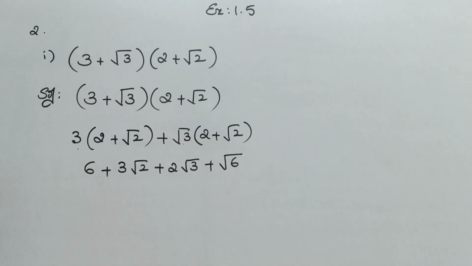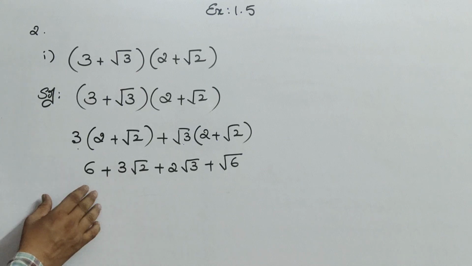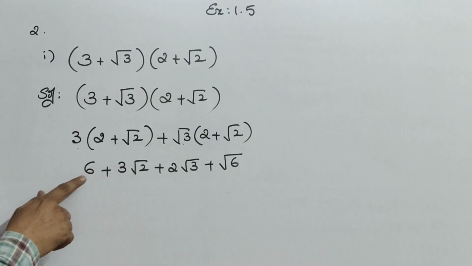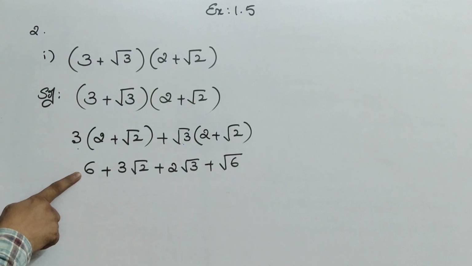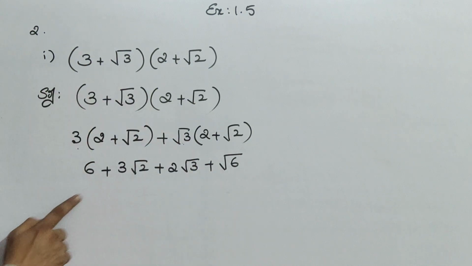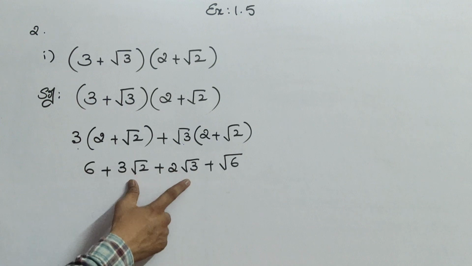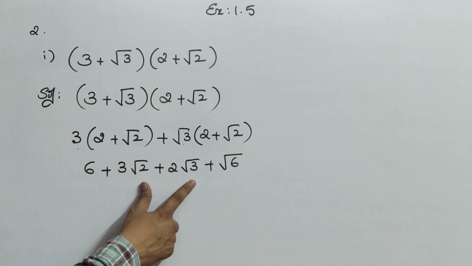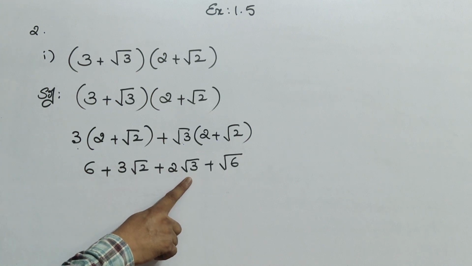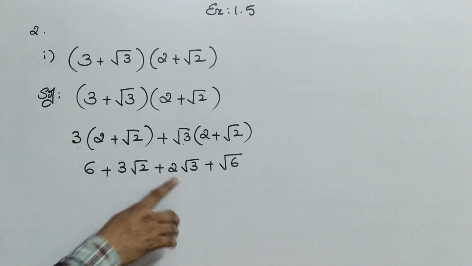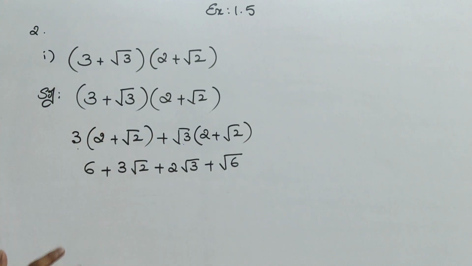Now first check whether any like terms are there or not. 6 is a constant, no other constants are there. Root 2 and root 3 are both unlike, so we cannot do any simplification. We cannot add, because root 2 and root 3 are separate. They do not come under like terms. So you can leave the answer like this.